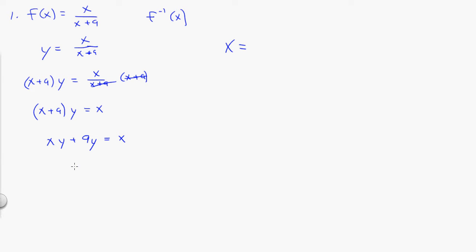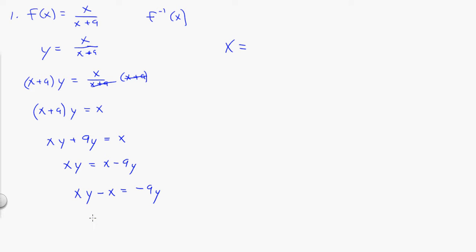So I have x times y equals x minus 9y. And then I want to move this x over to this side. So x times y minus x equals minus 9y.